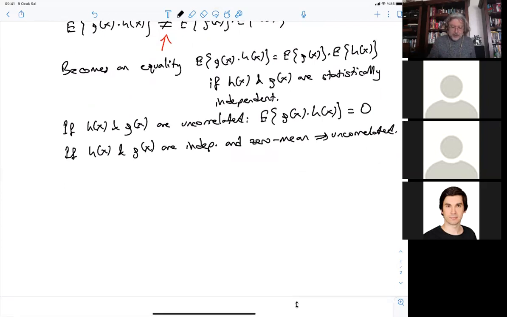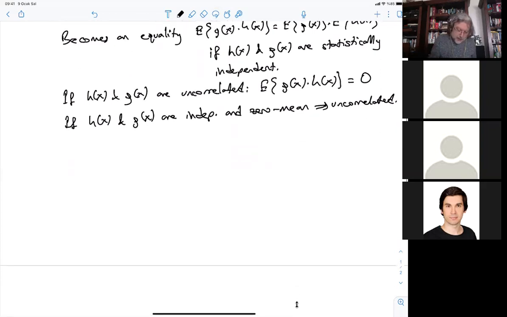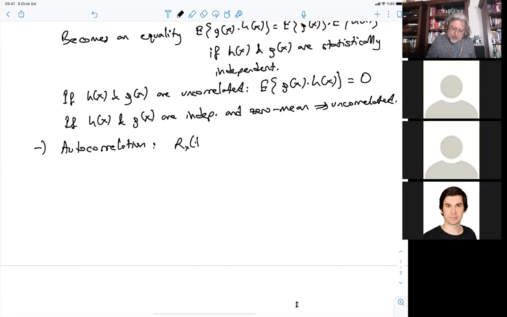Since we are talking about uncorrelatedness, the correlation with itself is known as the autocorrelation. Let's remember what an autocorrelation means. It's an entity that is computed for a single random function x of t at two time instances, t1 and t2. So what is the correlation of x of t between its value at t1 and its value at t2?